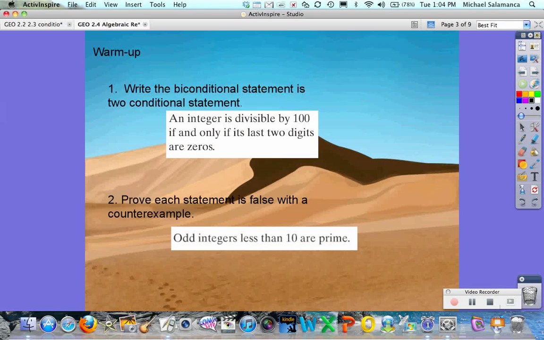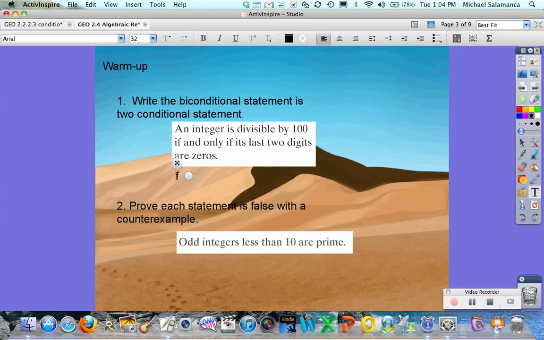So for number 1, the two conditional statements are: if an integer is divisible by 100, then its last two digits are zeros. Okay, so that's the first one.